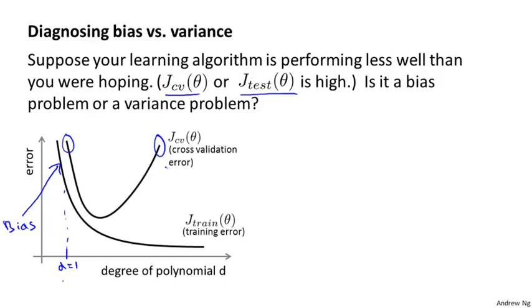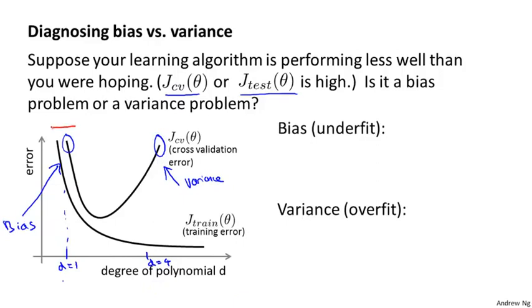Whereas in contrast, this regime corresponds to a high variance problem. That is, if d, the degree of polynomial, was too large for the data set that we have. And this figure gives us a clue for how to distinguish between these two cases. Concretely, for the high bias case, that is the case of underfitting, what we find is that both the cross-validation error and the training error are going to be high.